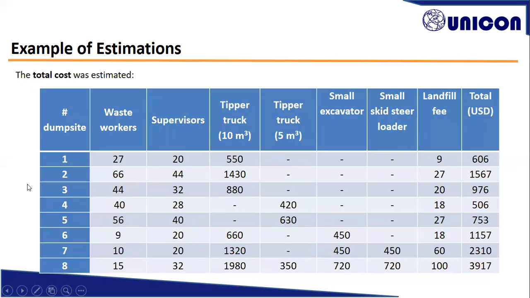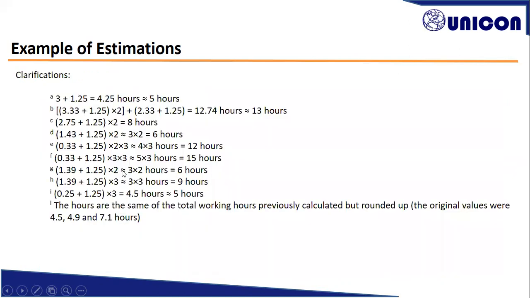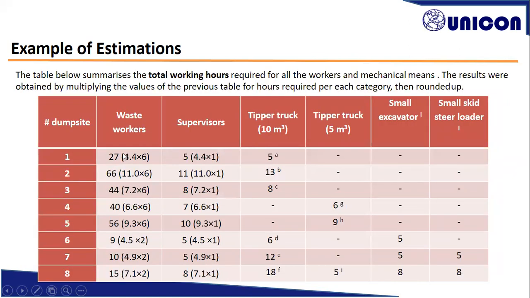Finally, the total cost was estimated. In particular, for example, if you look at the first column, you can see 27. This value is in US dollars, and this 27 is related to the fact that 27 are the hours that will be needed for waste workers in the first dump site.